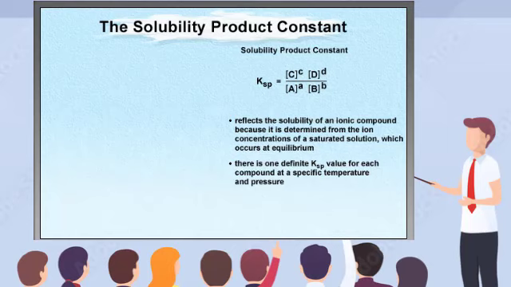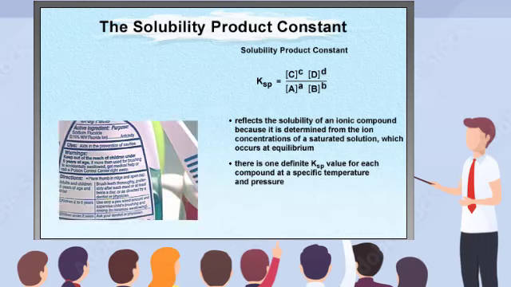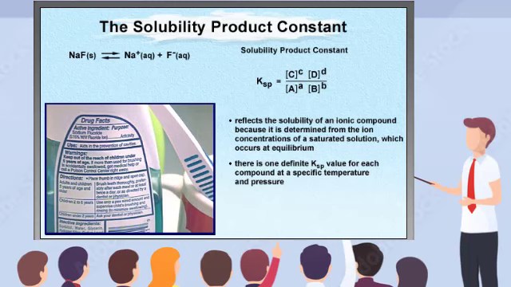As in the equilibrium expression, the coefficient for each ion is used as an exponent of the ion's concentration. Returning to our discussion of sodium fluoride, the solubility product constant is written as the concentration of sodium ions multiplied by the concentration of fluoride ions.